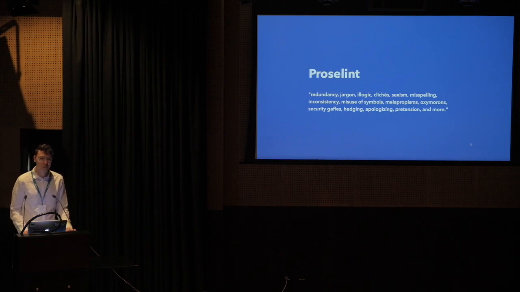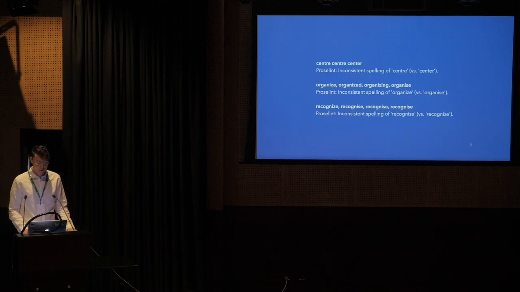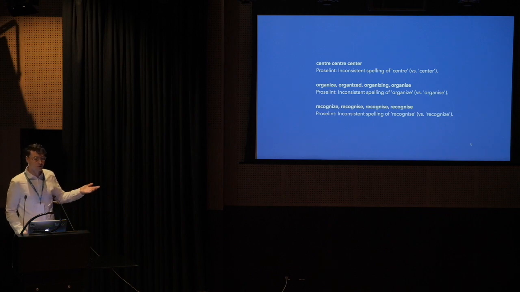The next tool we use is called Proselint. Proselint is kind of like your English teacher from school. It'll pick you up on redundancy, jargon, illogic, misspellings, just common phrases that people use in their docs that are problematic. And so if you use the word center and then use it again inconsistently, it'll pick you up on that.